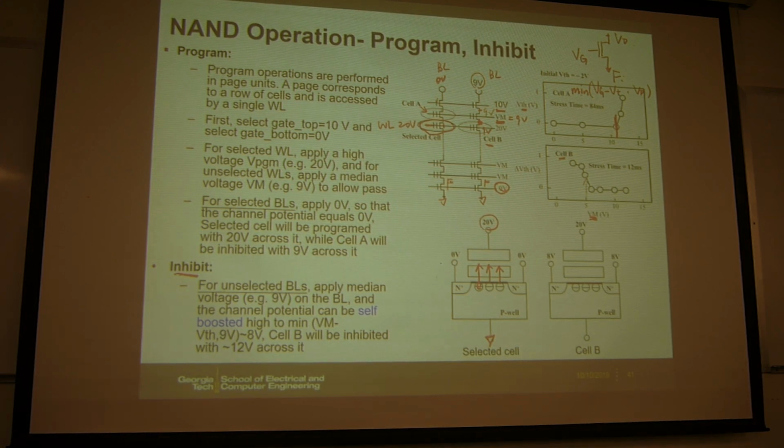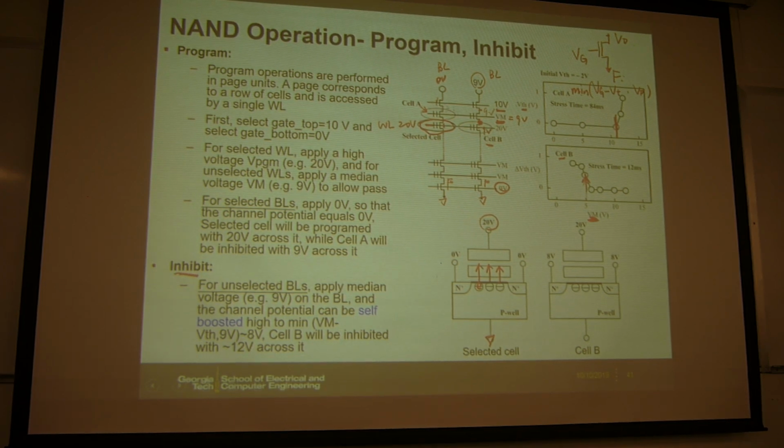So what cell B gets is 4 volts to the channel. Then gate to channel is 20 volt minus 4 volts. You get 16 volts across cell B. Then cell B is kind of under this programming condition. So cell B's Vth will increase. That's why you see here if the Vm is too small, cell B will be programmed. Cell B's Vth is increasing.